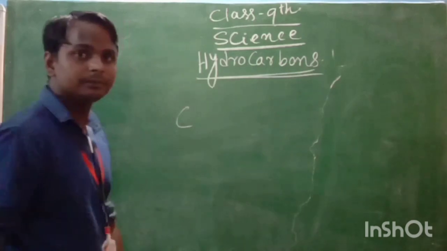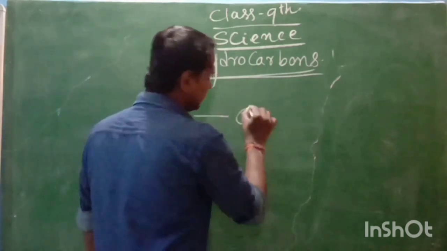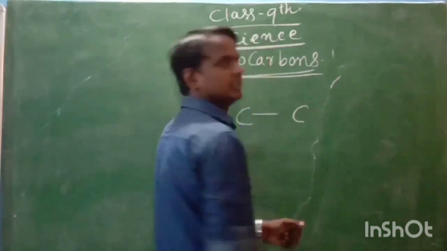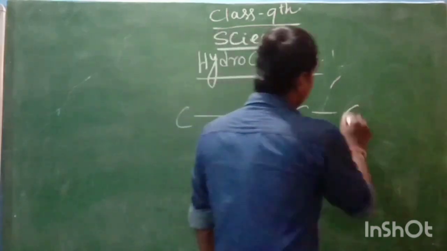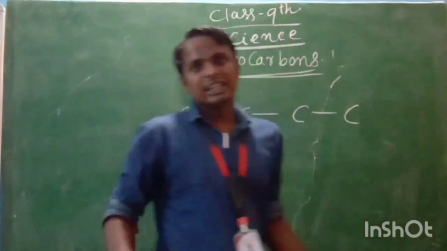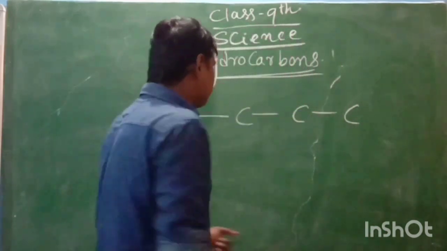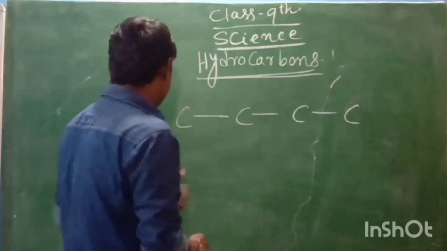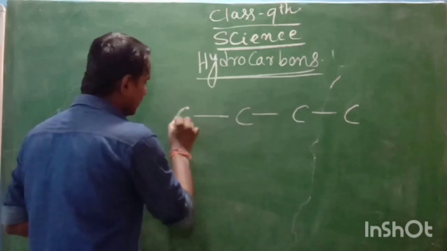Let's say carbon bonds with itself, meaning carbon again bonds with carbon, again bonds with carbon, and it goes on. It will keep continuing like this. Now we know that the valency of carbon is 4, so we fill the valency of carbon here.